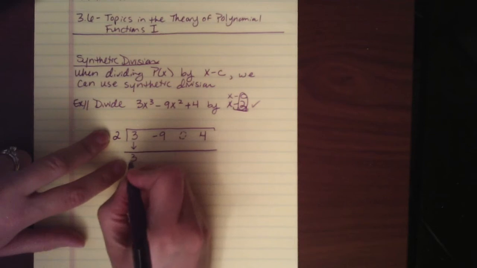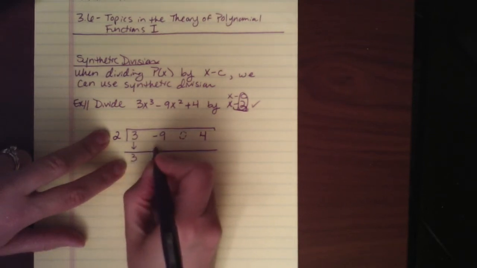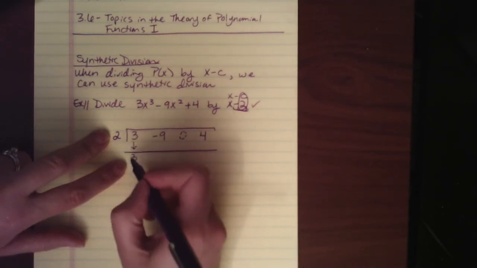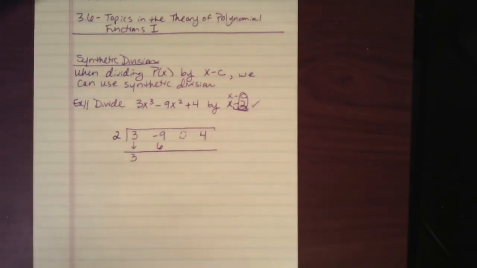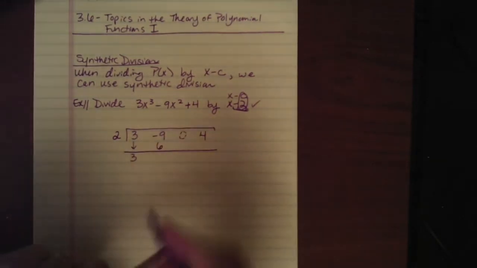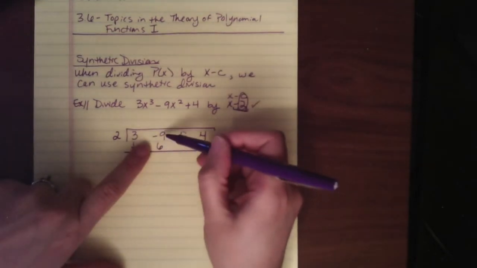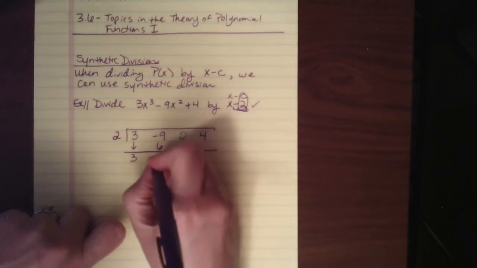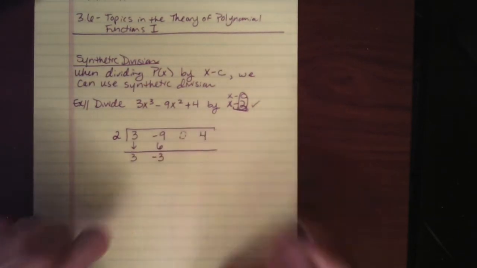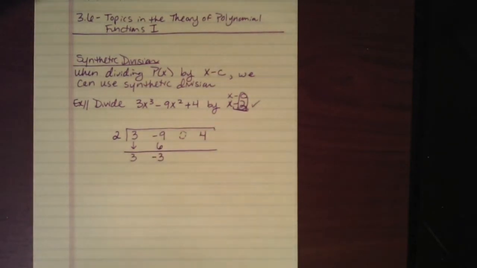Whatever that product is, it goes diagonally up above the bar. So 3 times 2 is 6, goes diagonally right here. Okay. Then we combine these two, a negative 9 and a positive 6. When we combine those together, we would get a negative 3, and it ends up below the bar.